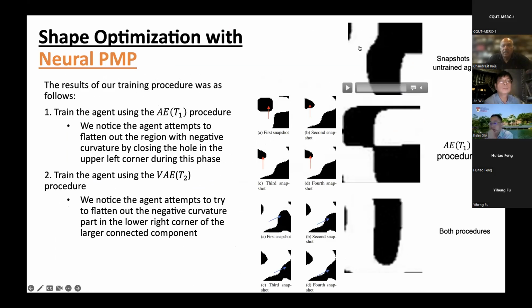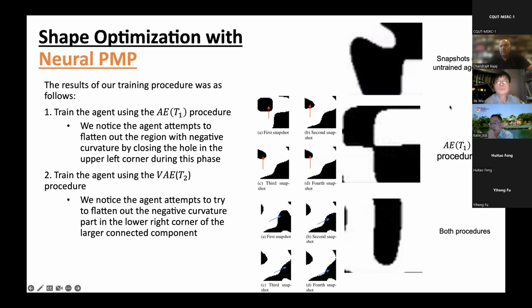And here are some snapshots of the untrained agent. Remember, the optimal shape in an isoperimetric problem will always have, here, by the way, white is your shape and black is the environment or the outside.